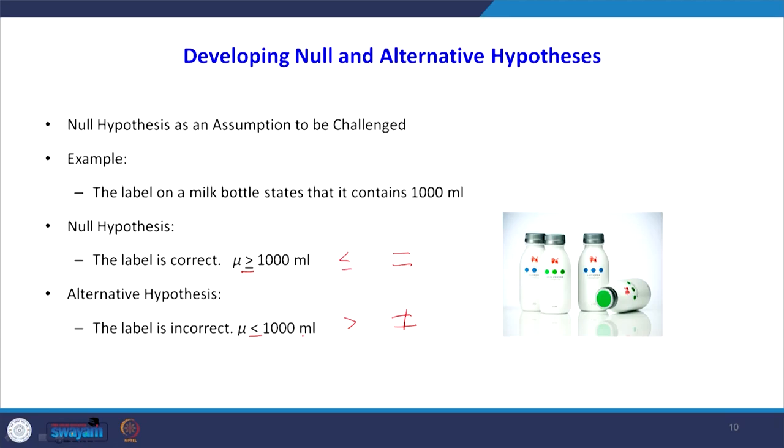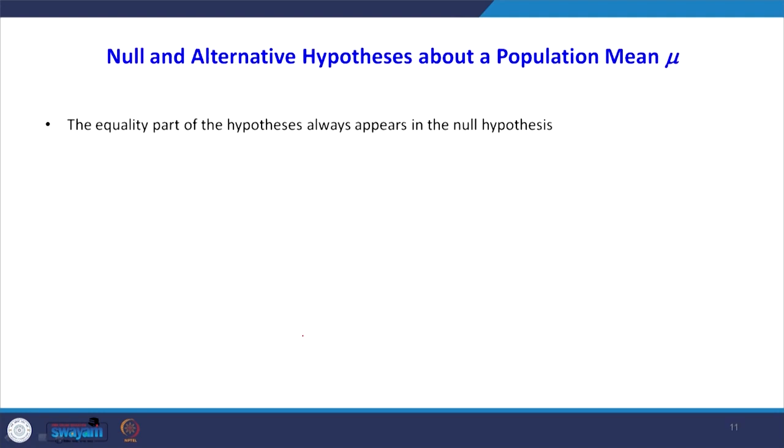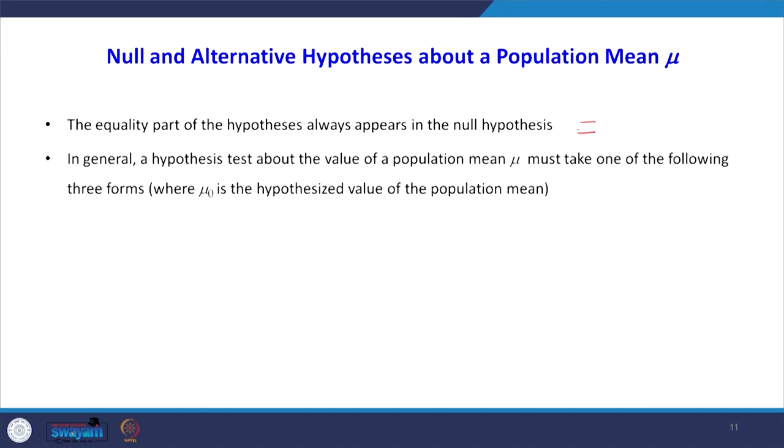We have to challenge the status quo, and that is nothing but the alternative hypothesis. You see, the equality part of the hypothesis always appears in the null hypothesis. When you say equal to, it is equivalent to null: nothing has happened, and the status quo is maintained as it is.